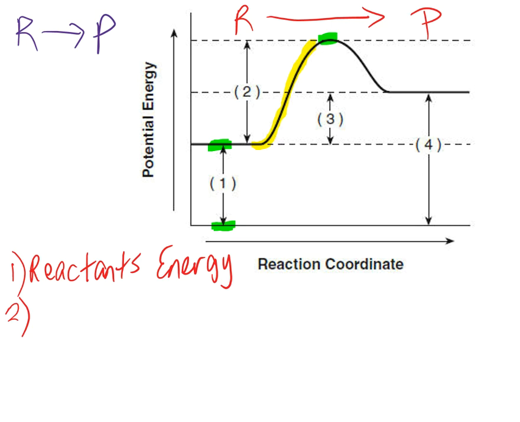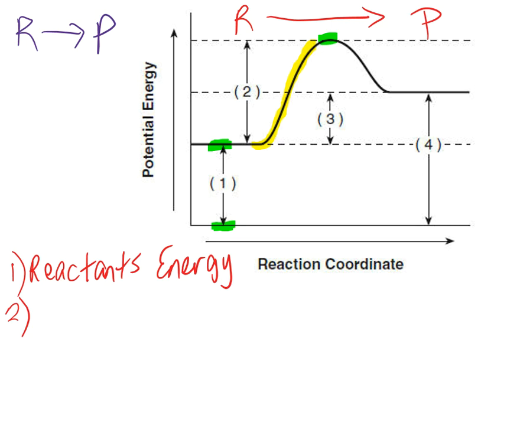The highest point of that curve indicates at this point we are now transitioning between our reactants and the products. So you'll hear that referred to as your transition. And so during that process of chemical reactions, you have old bonds that break so that new bonds can form.